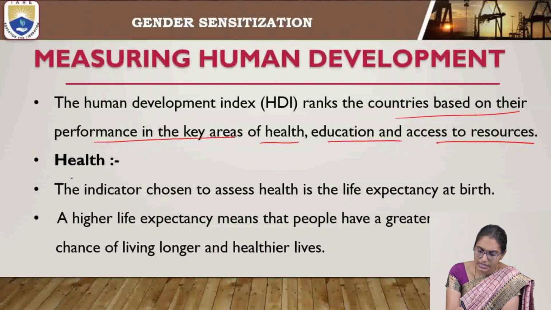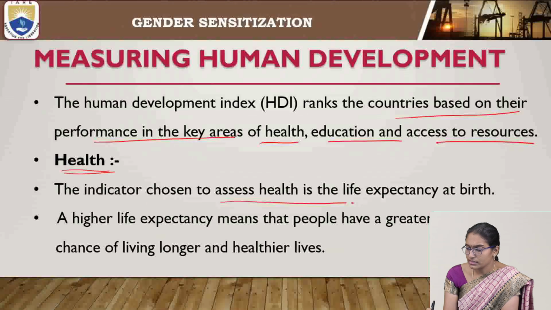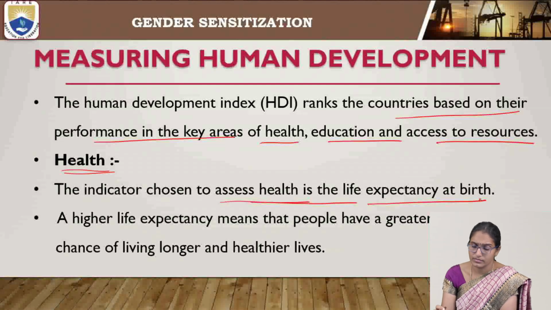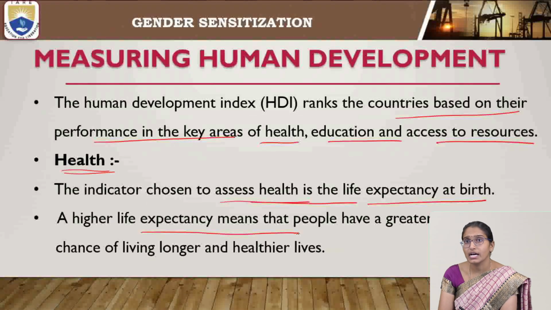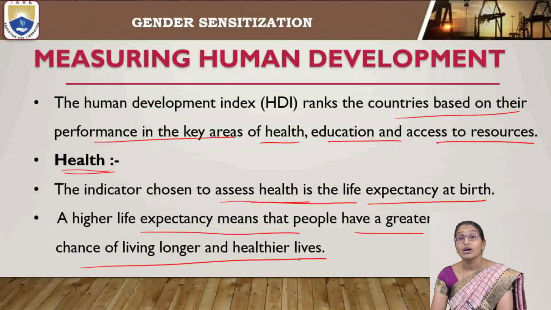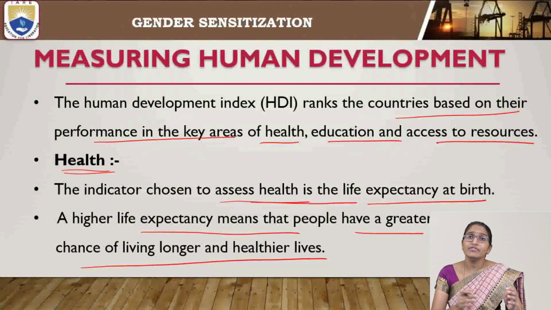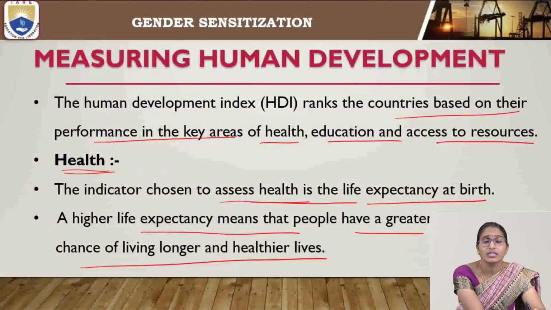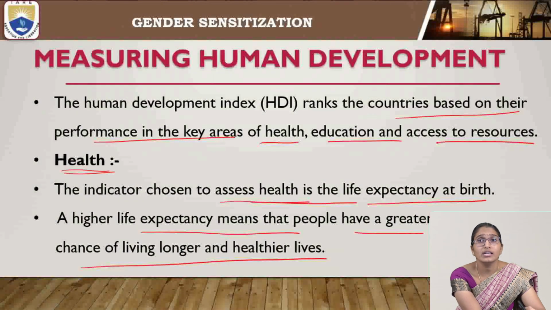Coming to health, the indicator chosen to assess health is life expectancy at birth. A higher life expectancy means that people have a greater chance of living a longer and healthier life. For example, if we take one particular place, we see people who are living for longer years.